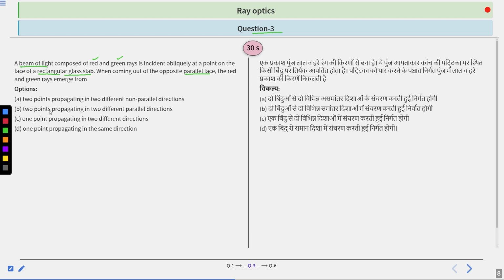Option B is 2 points propagating in two different parallel directions. Option C is 1 point propagating in two different directions. And option D is 1 point propagating in the same direction. So which option is correct? You have some time to solve this question. After that, we will provide the solution of this question.